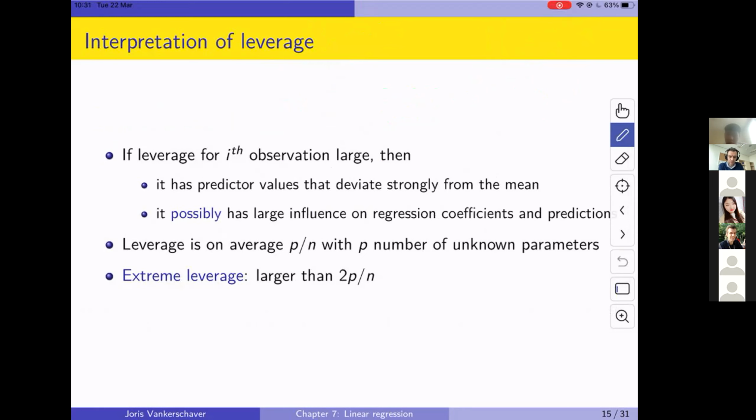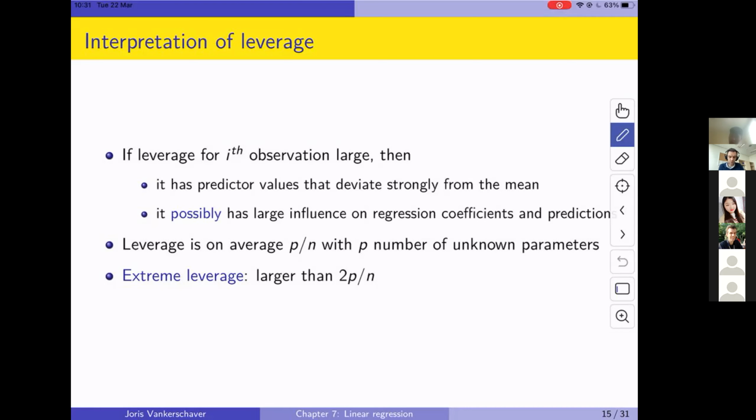If we have points with high leverage, then typically we have predictor values that deviate strongly from the mean. So here we're talking about predictors, X values. And it is possible, but not guaranteed, that a point with high leverage will have a large influence on the regression coefficients and hence on the prediction. And how large does the leverage have to be for us to be worried about things?